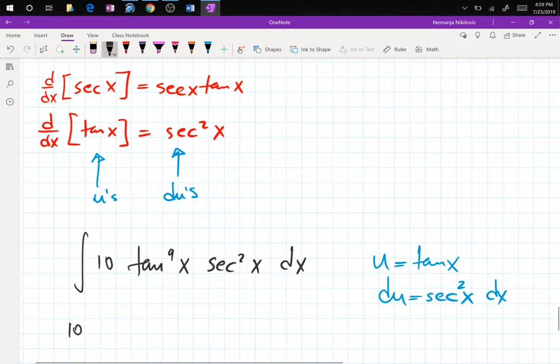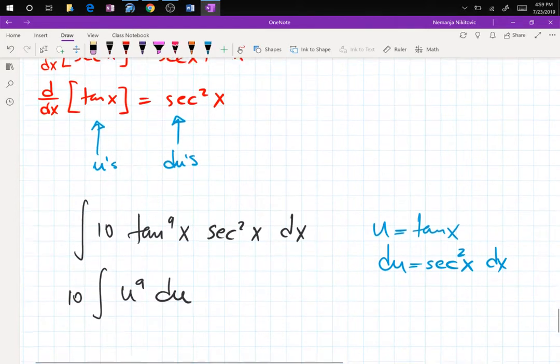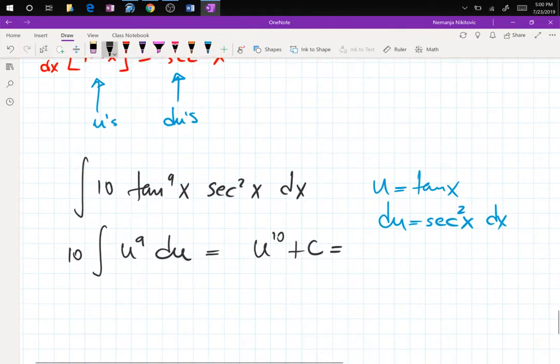So you kick 10 outside, integral of u to the 9 du, because this part here is du. And this is going to be u to the 10 plus c, because the 1 over 10 would cancel with this 10 here, so they both cancel.